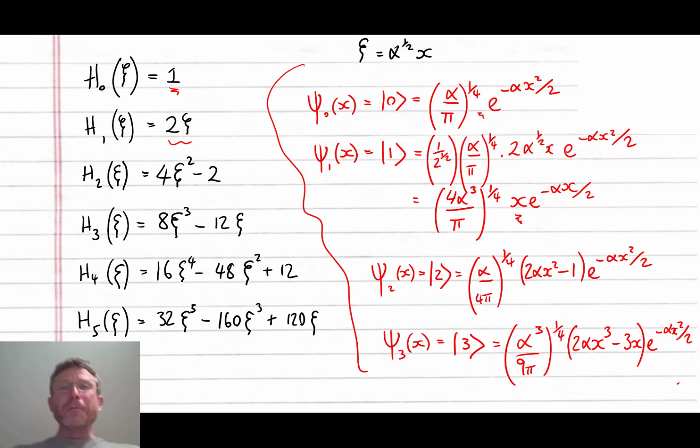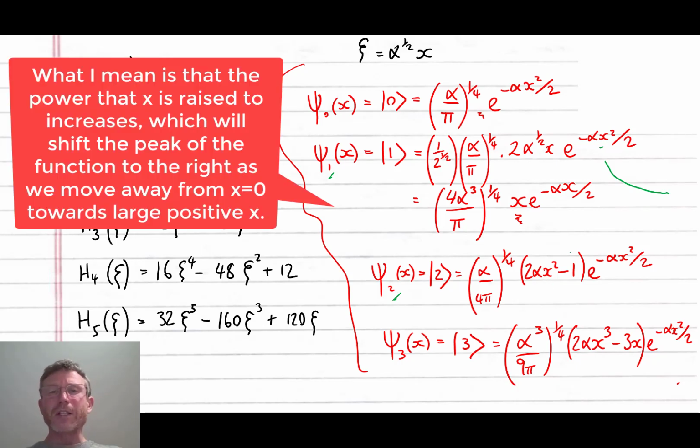Before we start to look at these curves, let's recognize again that we have this exponential decay. Moving from x equals 0 outwards, we're going to see an exponential decay in here. But as the quantum number increases, this x term is going to increase gradually as x increases.